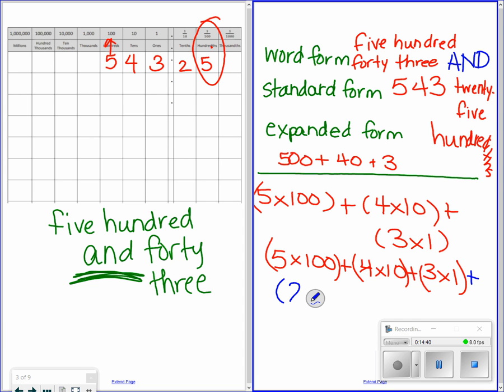Plus 2 times what? 1/10. Because it's a decimal. It's a fraction. 1/10. Then I have 5, because it can't be 2 times 5. 2 times 5 is 10. That doesn't tell me anything. So then I've got to do 5. 5 copies of what? Look on your chart. Don't guess. 1/100.